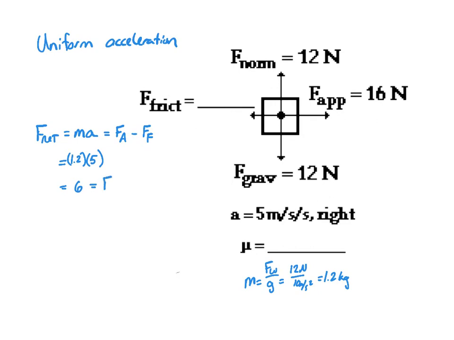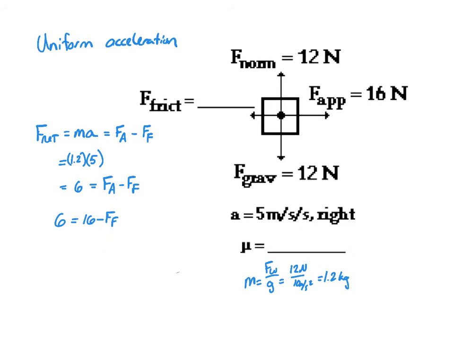Well, we can find what the mass is by solving for the weight, and we know what the acceleration is because they tell us. So the net force must equal 6. Well, that's a combination of applied force minus frictional force. So let's rewrite that as 6 equals 16, that's my applied force, minus the frictional force.